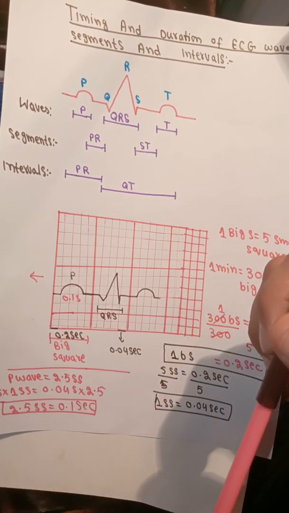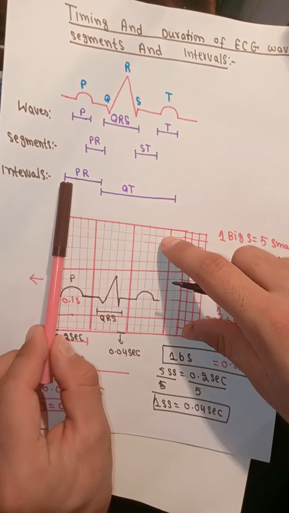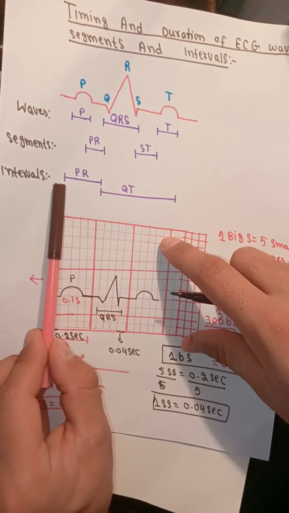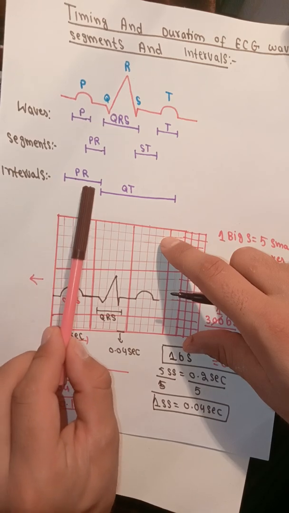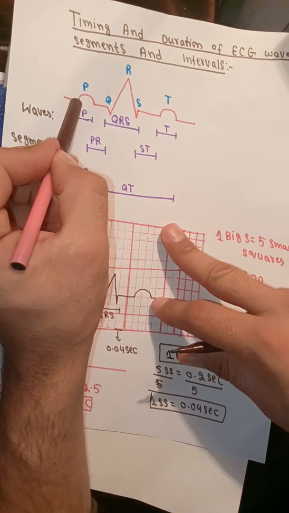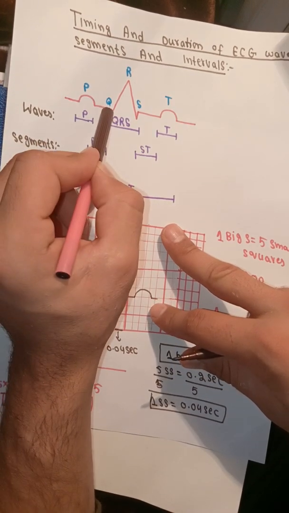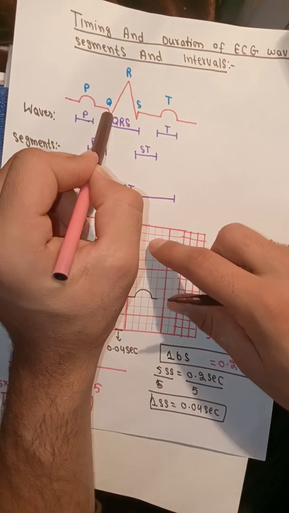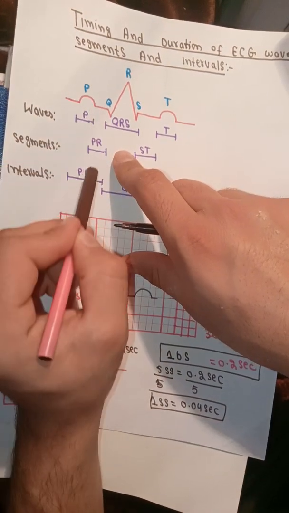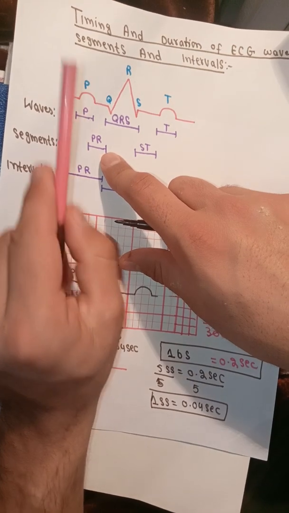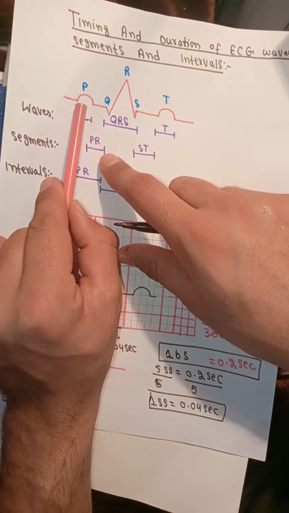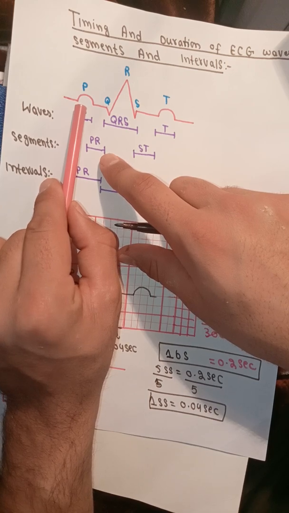And now if I consider the PR interval, it is equal to the P wave plus the PR segment. This is the PR interval. It starts from here and ends at the beginning of Q. So what does it contain? It contains the P wave, this, and this is the PR segment. As we know, the P wave covers 2.5 small squares, which is equal to 0.1 second.